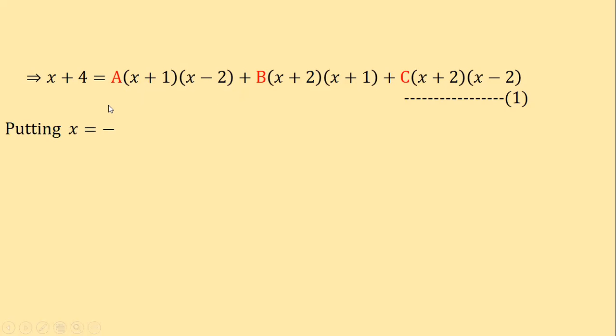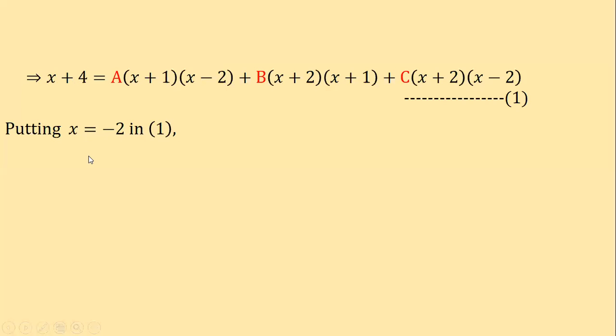Putting x is equal to minus 2 in equation number 1. So in the first equation, I am trying to put x is equal to minus 2. So by putting x is equal to minus 2, which terms am I going to eliminate? Wherever the x plus 2 term is there, that becomes 0. Here we have x plus 2 and here also we have x plus 2. Yes or not? So these two terms are getting eliminated.